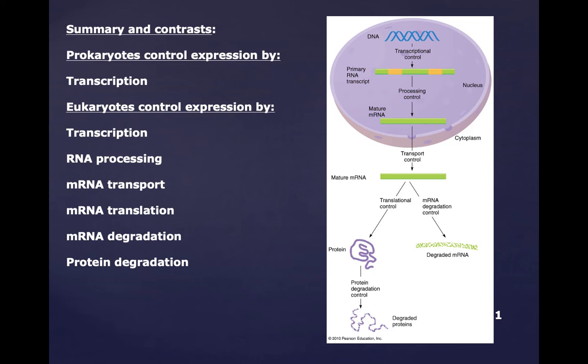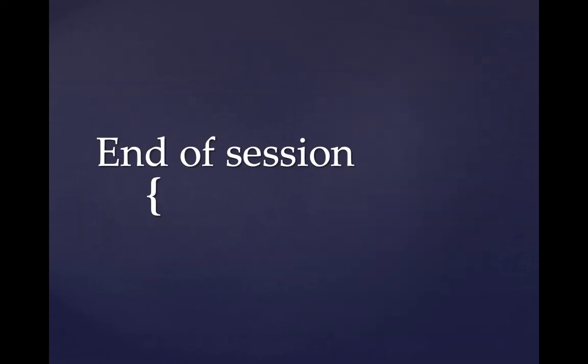We have enzymes and degradatory groups of proteins that, at the final juncture of information flow, can contribute to the regulation of specific genes and the products that they code for. Okay, so that ends our last module, our module on gene expression regulation.